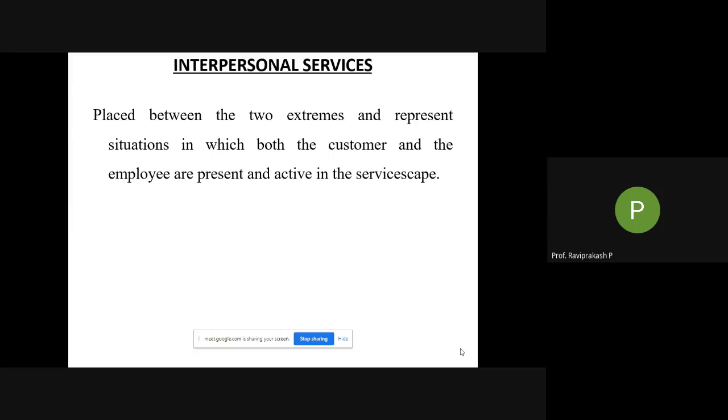If you want to travel, you need to be there, the plane needs to be there, the support staff needs to be there, and at the time of the flight you board and reach your destination. So the examples are hotels, restaurants, health clinics, hospitals, banks, airlines. These are all examples of interpersonal services.